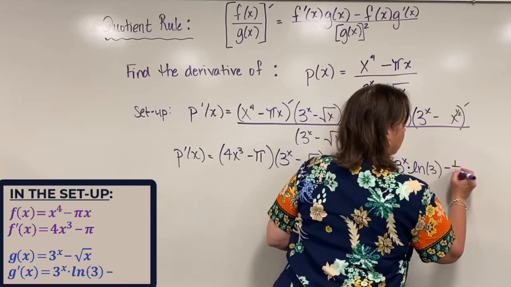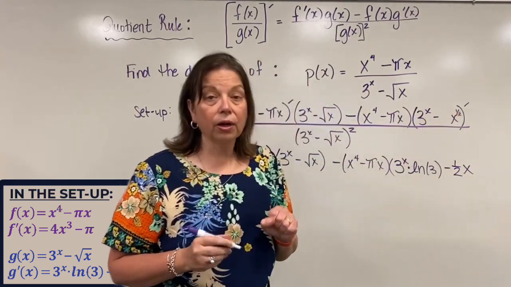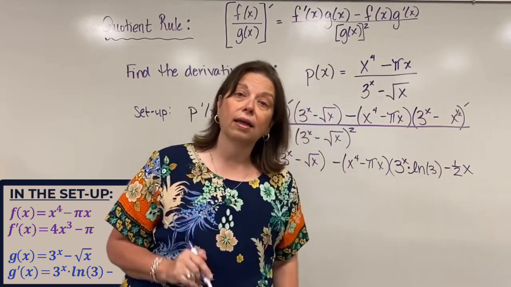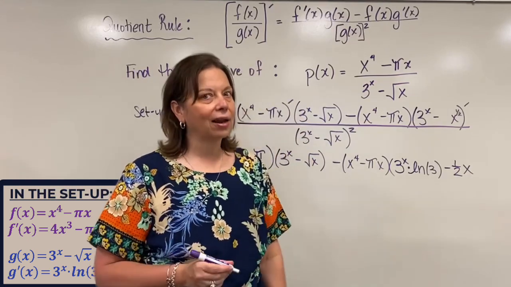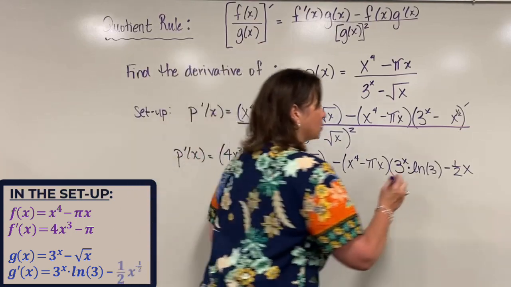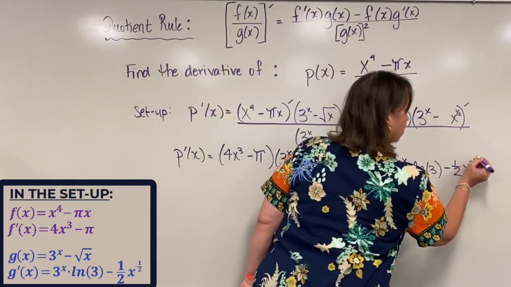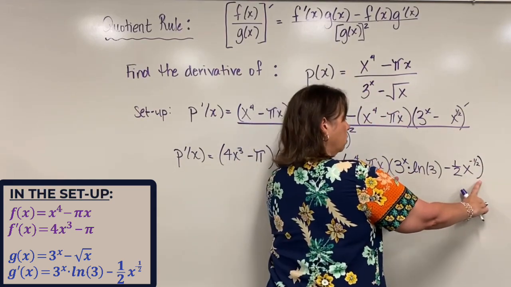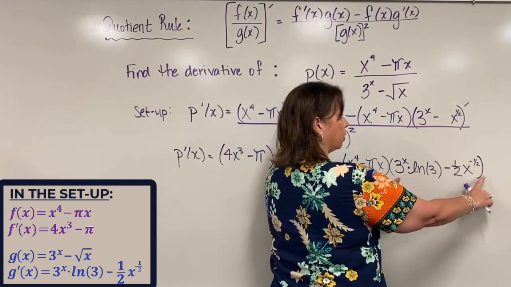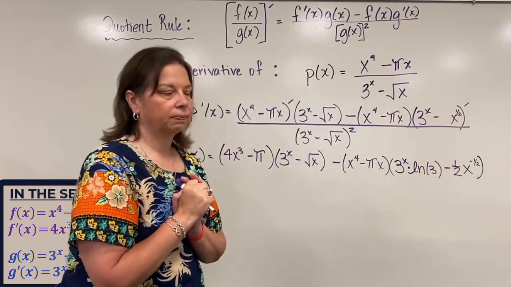So we have our 1/2 x. I had a 1/2 power and I have to subtract 1 from that power. So I have to think 1/2 minus 1, -1/2. So that's my new power on that x, and then I will close this off to indicate that all of that stuff in between these parentheses came from finding the derivative of that denominator function.